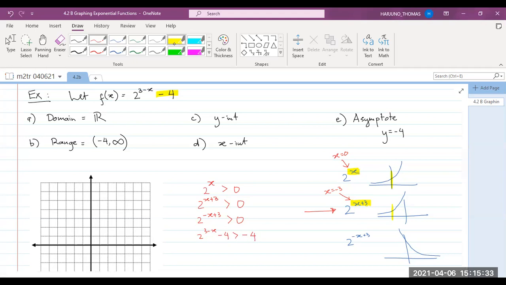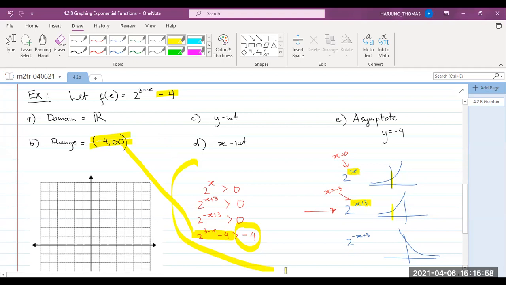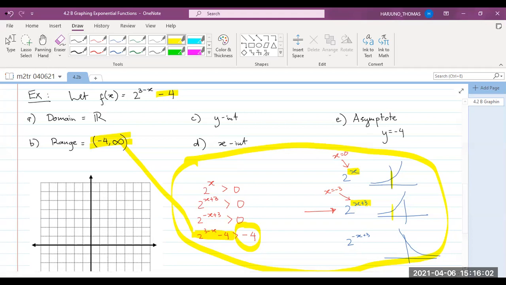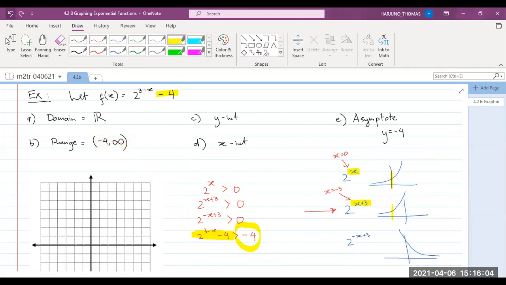From there, you see that 2 to the 3 minus x, minus 4, will be more than negative 4. That's the explanation, more of the algebraic explanation instead of looking at the graph. You can try to connect these two ideas: looking at the graph and seeing it from the algebra point of view.